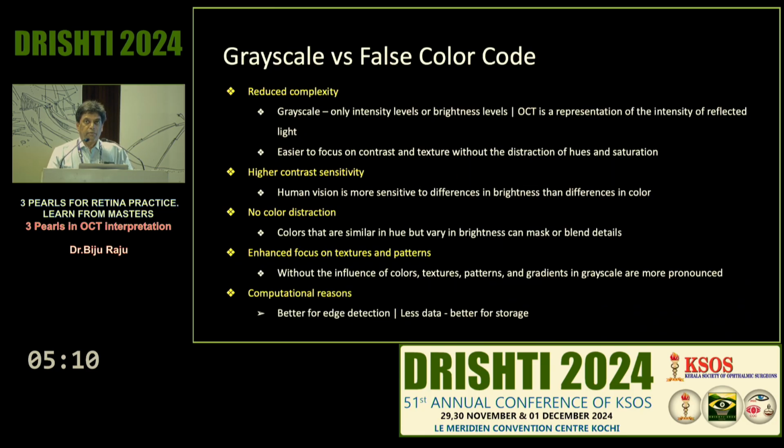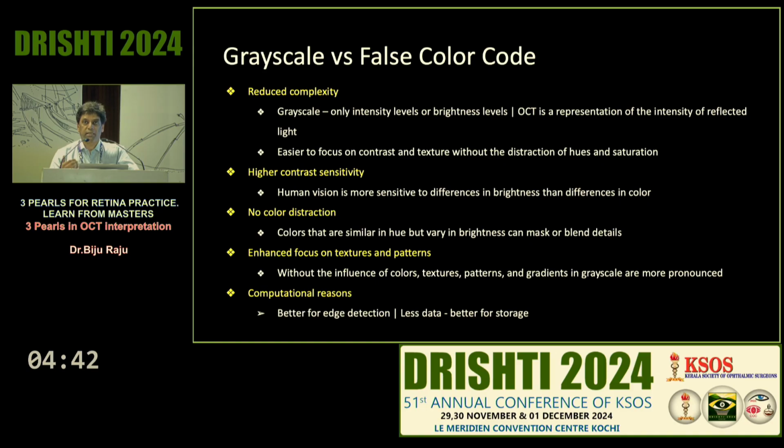And OCT is essentially a representation of the reflected light, the intensity of the reflected light. And the grayscale is actually the intensity in levels of the brightness. So which makes it an ideal mode to look at the layers and changes in the retina with OCT. When you have color, it's a false color coding, and they have color hues for the different brightness.